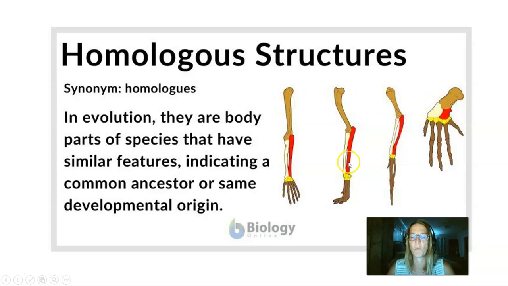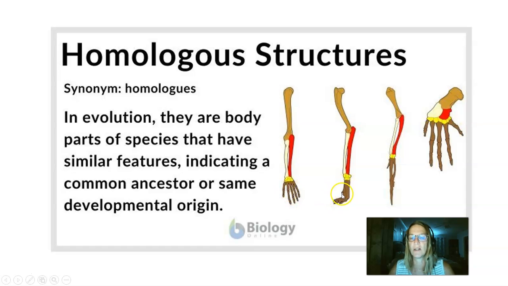So all of these are vertebrates, and they all have different functions. This one flies, this one walks on its front forelimb, this one swims, and we use our forelimbs for totally different things like grasping. But you can see that all of these structures have a humerus bone. They have the radius and the ulna, and then the same wrist bones and finger bones are present in every one of these different species.